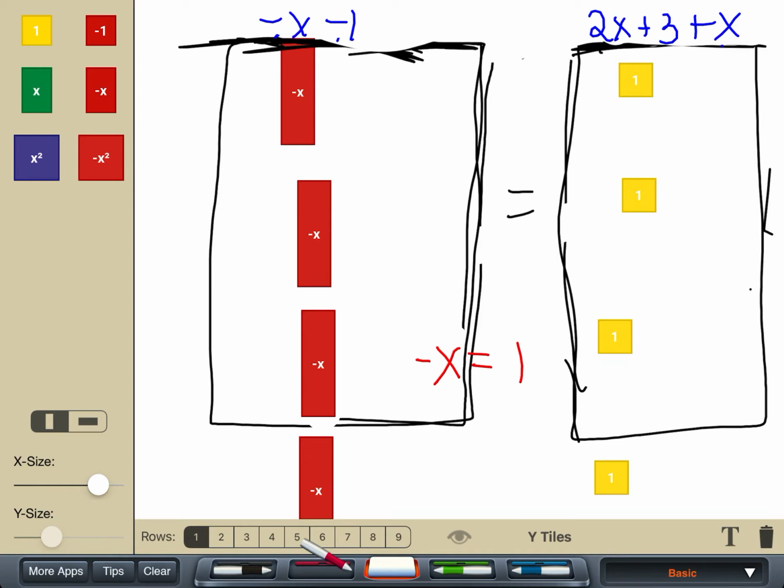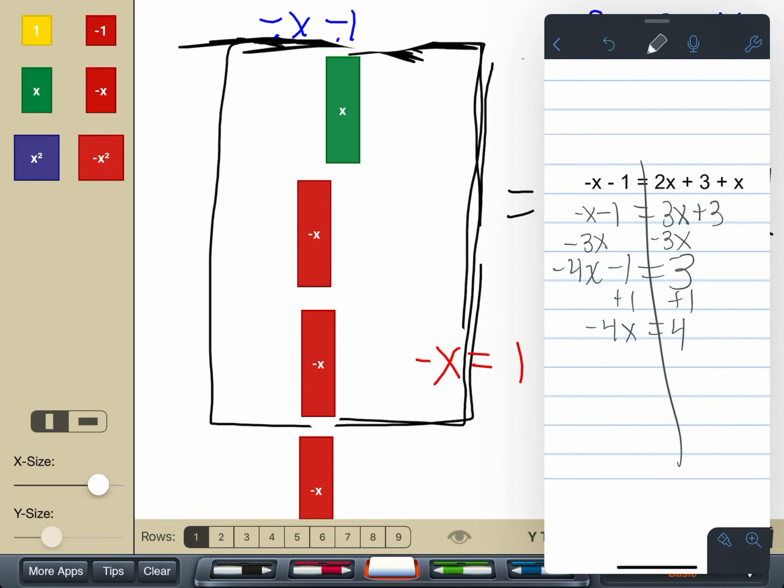And actually, you can just turn your tiles over when you use them, so that if negative x equals 1, then a positive x would equal a negative 1. So making that jump, you can literally just turn both the tiles over.